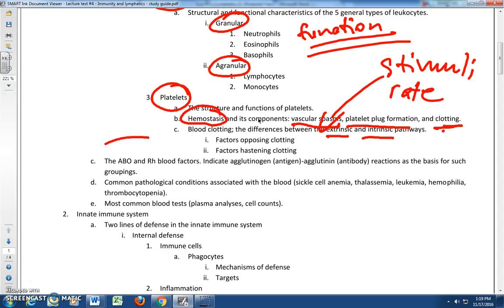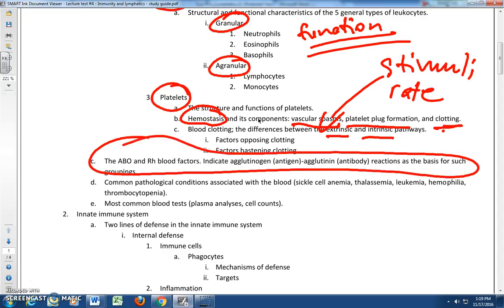Blood groups. Understand that. Like if I tell you, well, I may ask you, blood group A negative. What does that mean?